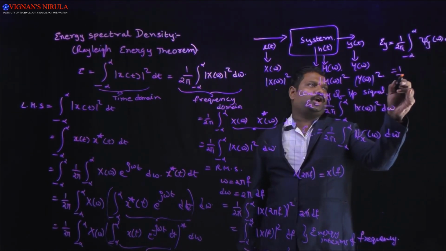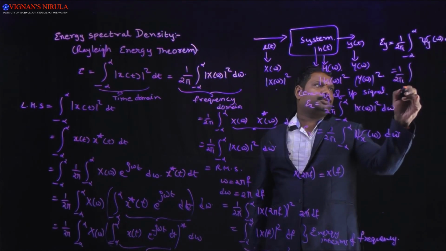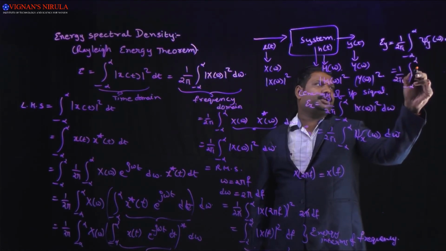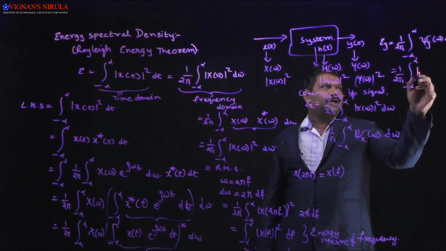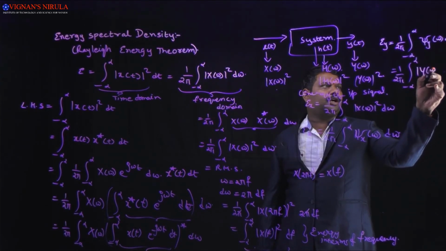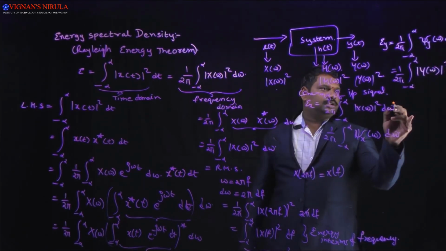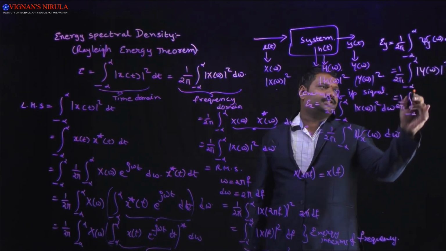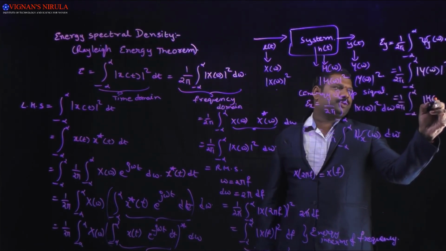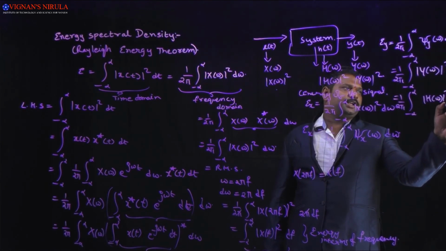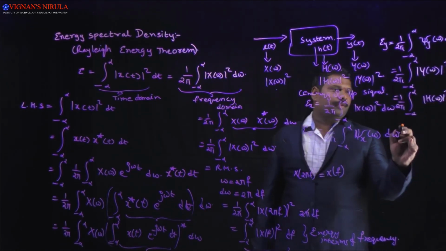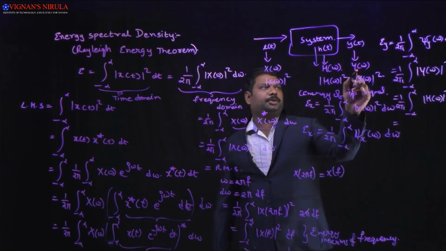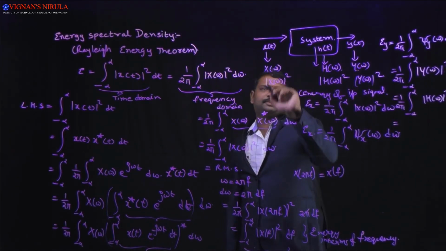It can also be given as 1 by 2 pi from minus infinity to infinity of mod of Y of omega whole square. And this mod of Y of omega whole square can be given as mod of H of omega whole square into mod of X of omega whole square, from our relation between Y of omega, H of omega and X of omega.